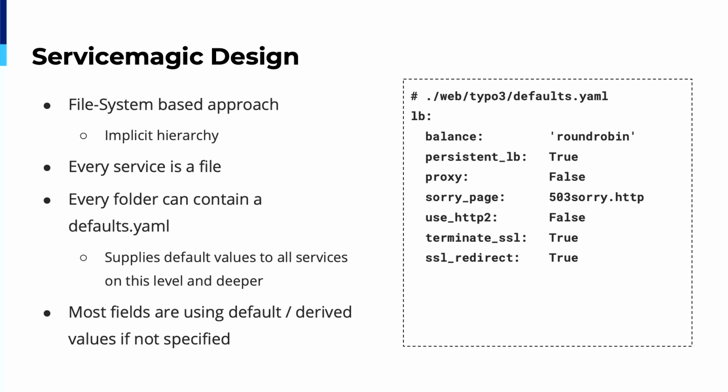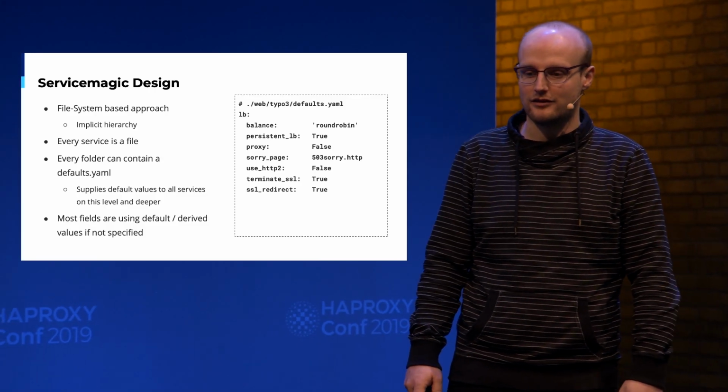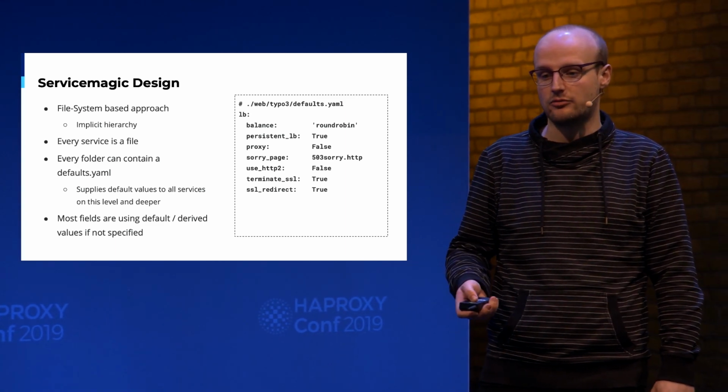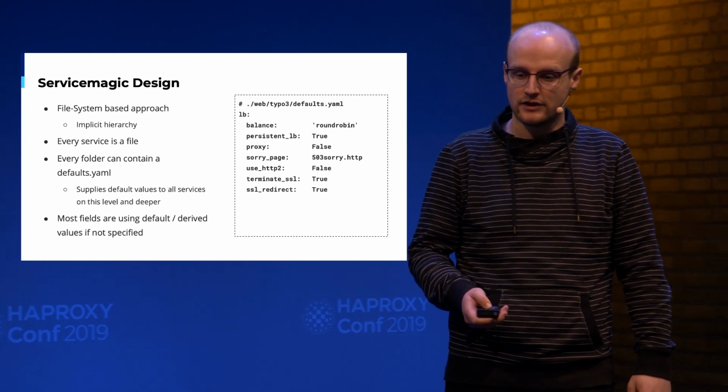So if the web team has another service, they create a new folder, add a new defaults file, and they have defaults for every type of service they want to deploy. And the best thing about this is you don't have to specify all fields that we support because most things we can simply infer.